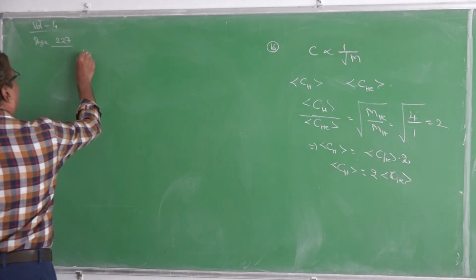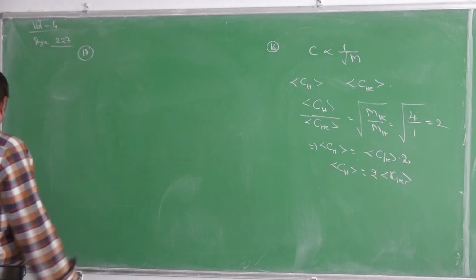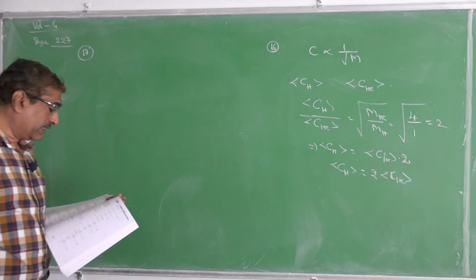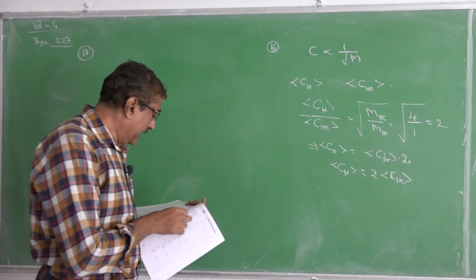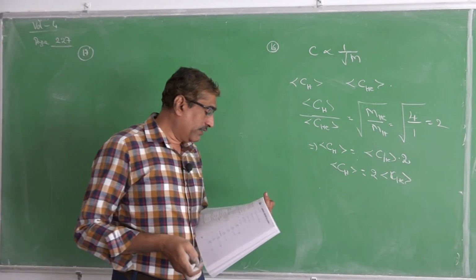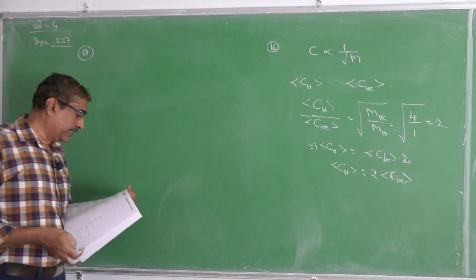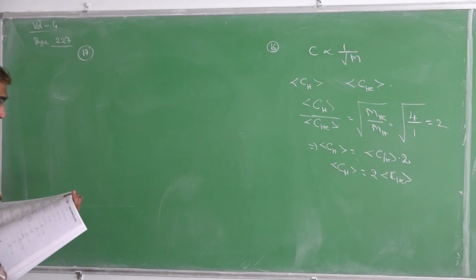Now the 17th one, the root mean square velocity of a gas molecules at 0 degree centigrade at NTP, its density is 1.43 kg per meter cube.